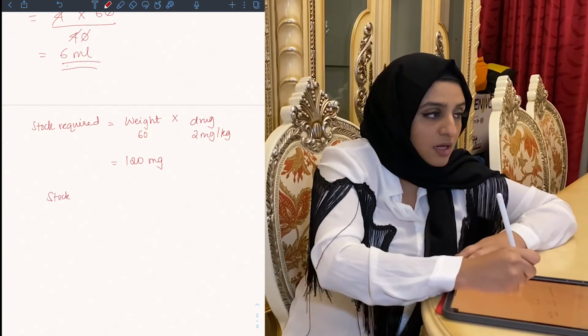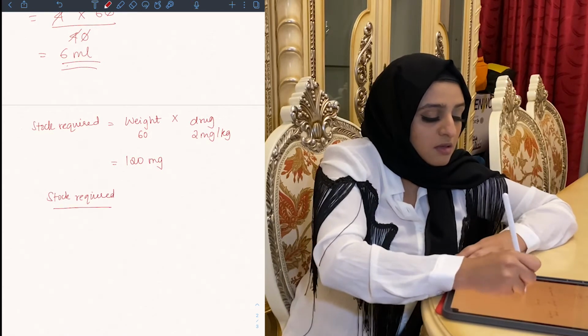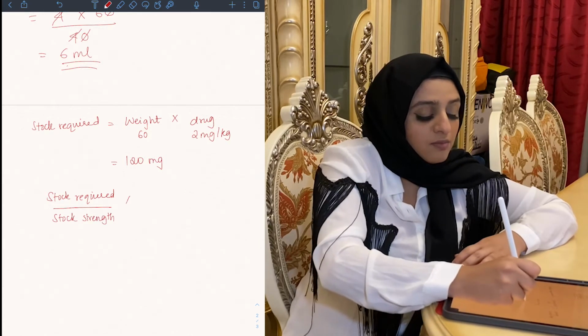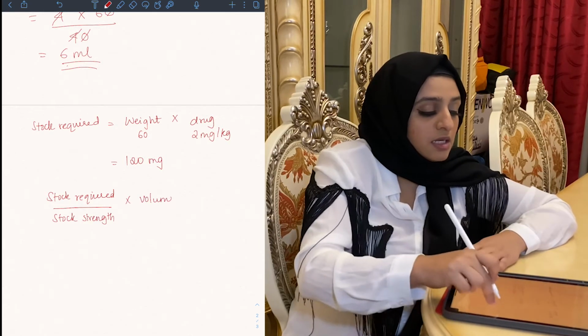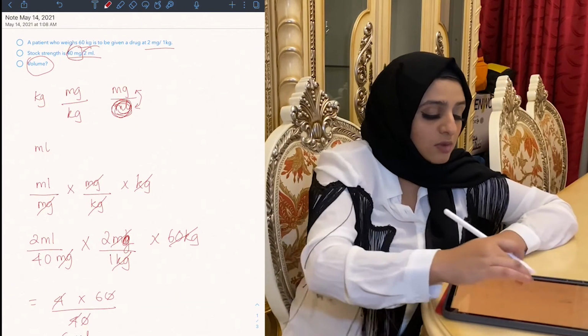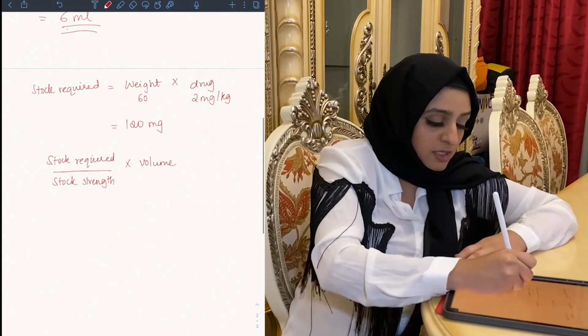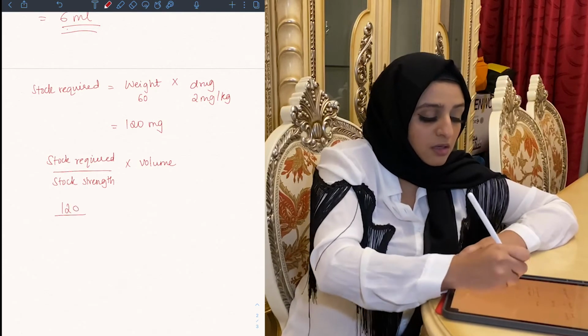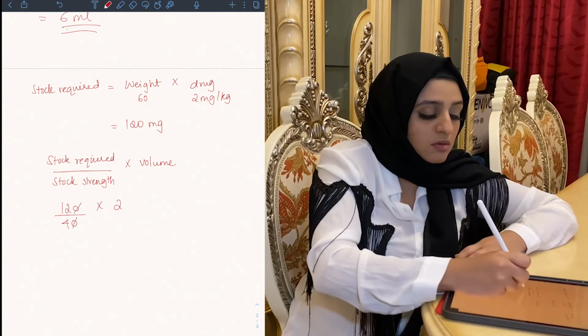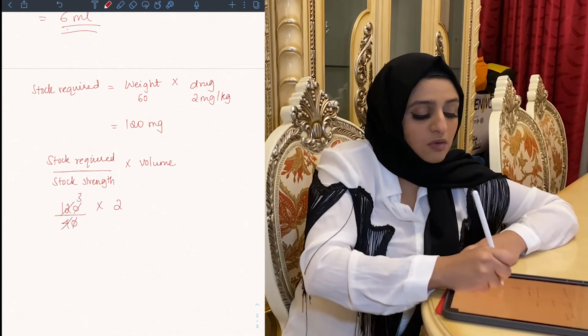And then we divide stock required by stock strength times the volume. In the question, it says 40 milligrams per 2 mil, and the stock required is 120. So 120 divided by 40 times 2, and you've got 6 mils again.